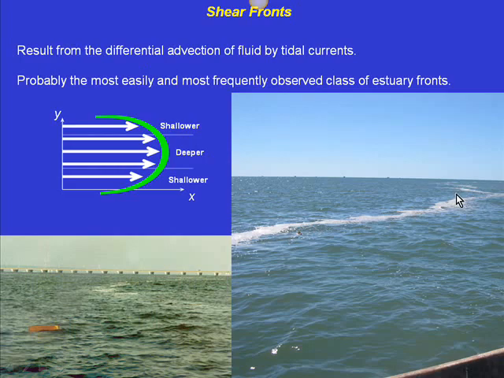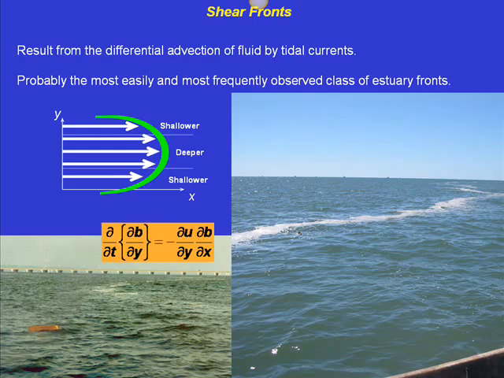So these would be our along-estuary fronts, in contrast to the tidal intrusion fronts or the plume fronts, which are usually perpendicular to the bathymetry. The plume fronts and tidal intrusion fronts are sort of independent of the bathymetry, but these shear fronts are typically aligned with the bathymetry along the estuary.